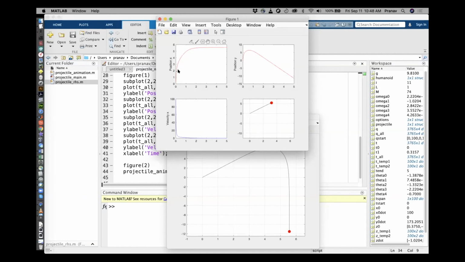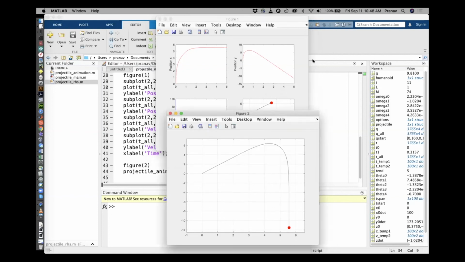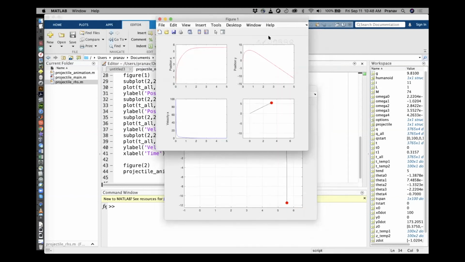So this is the position as a function of time. This is the position in the y direction as a function of time. Velocity in the x direction. For some reason, this actually should have shown the velocity in the y direction. I think what I did was I accidentally clicked figure 1 before this animation ended, and that's why it showed the projectile instead of the velocity of y.